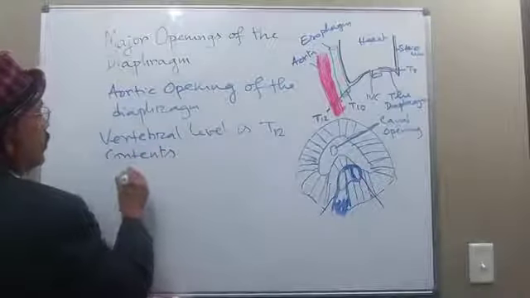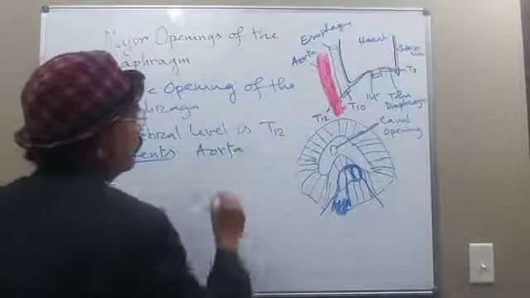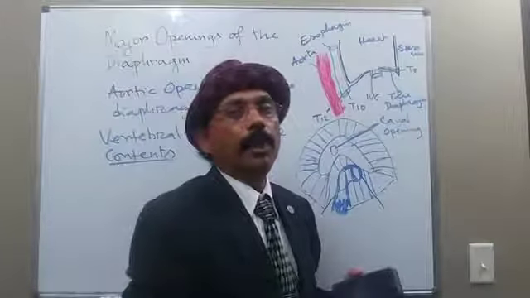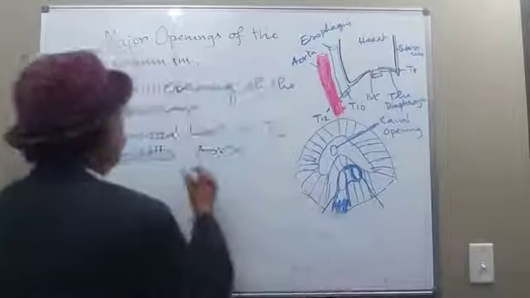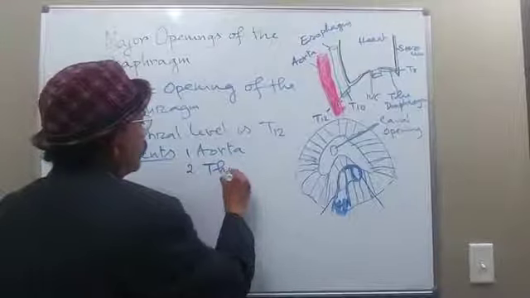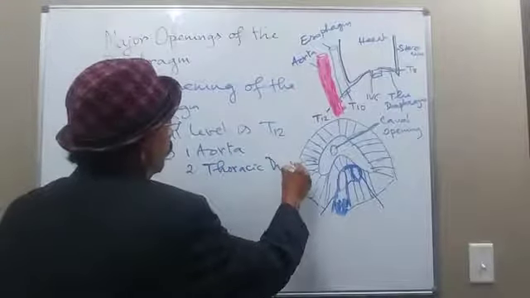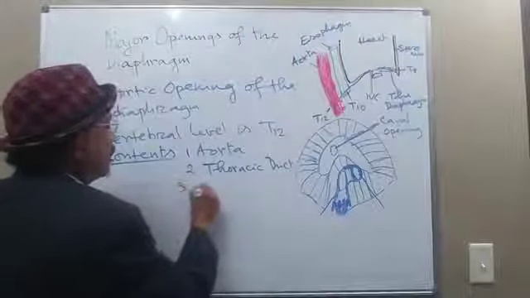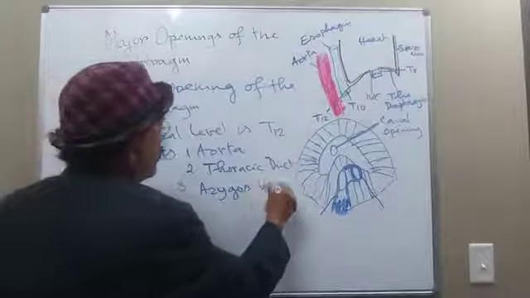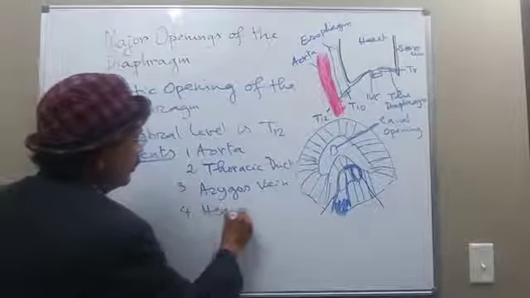Contents, certainly the aorta. The descending thoracic aorta becomes the abdominal aorta. Then the thoracic duct. Then the azygos vein. Even sometimes we may get the hemiazygos vein.